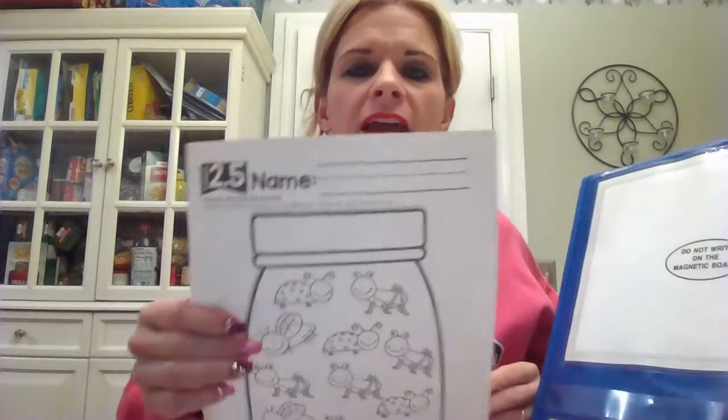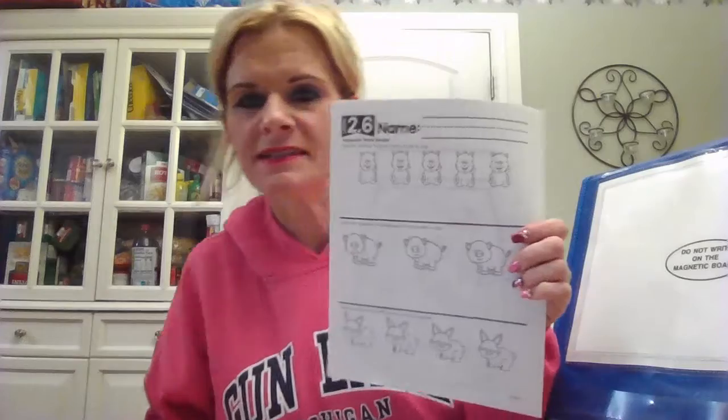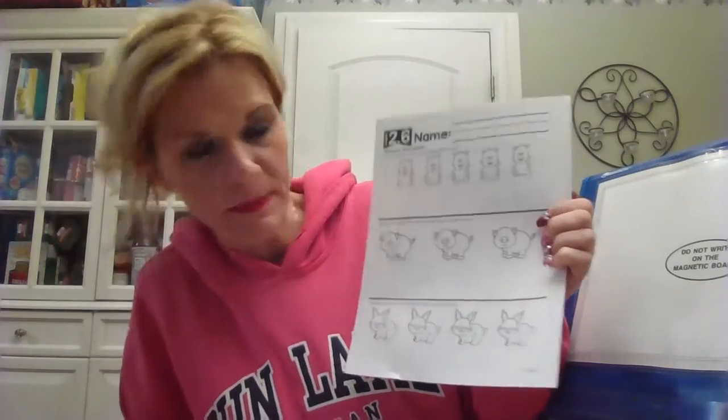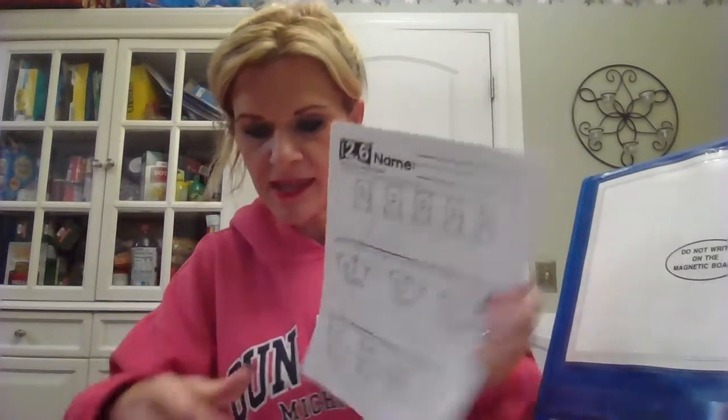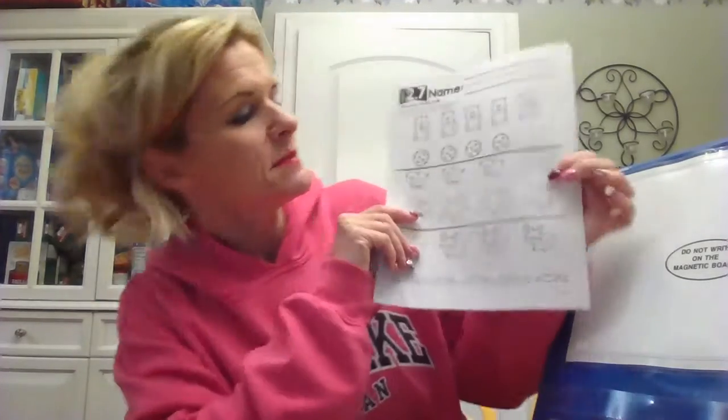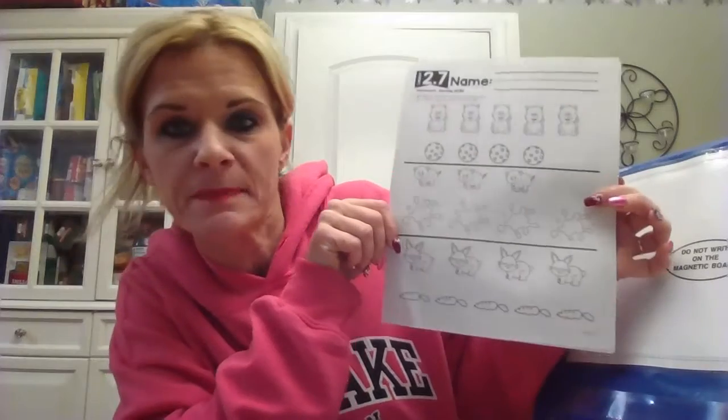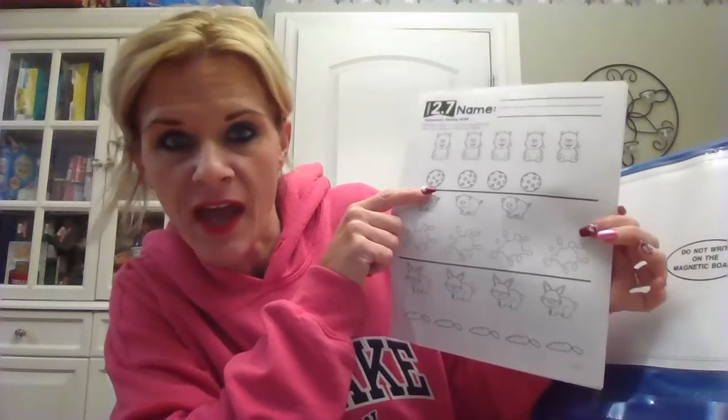All right, all these worksheets for this station are going to come from your yellow folder, and there are 3 lessons in a row. There's 2.5 with the bug jar, 2.6 with some dogs, pigs, and rabbits, and 2.7 with some more dogs, pigs, and rabbits, but these ones have different objects with them too.